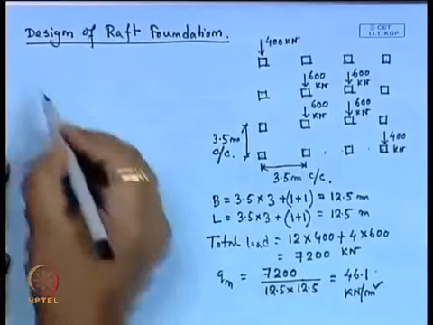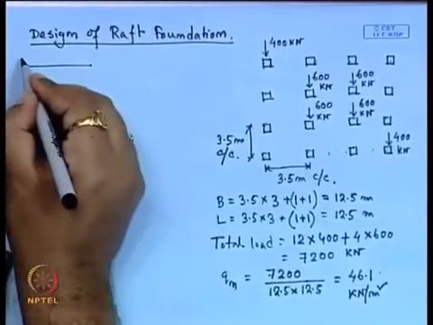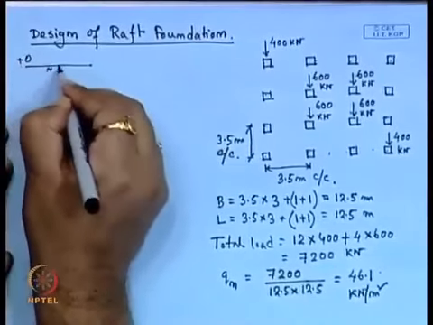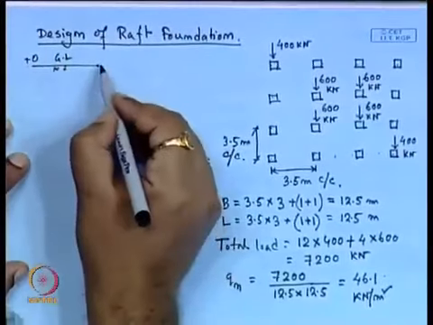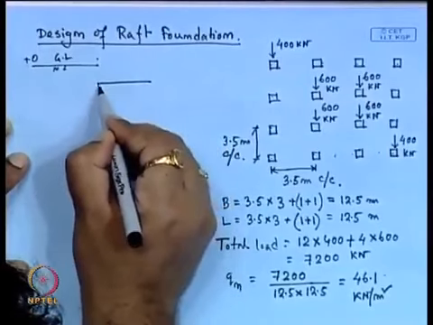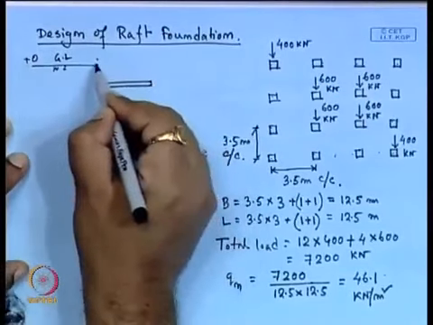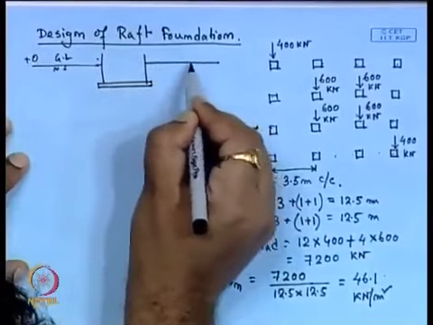Now, the soil condition. Suppose this is the 0 line, the ground line. These are the raft dimensions that we are taking. This is the raft, this is the total area.